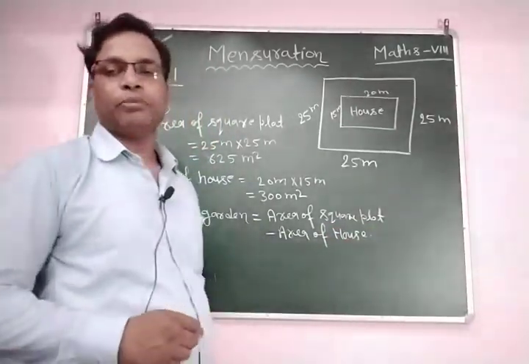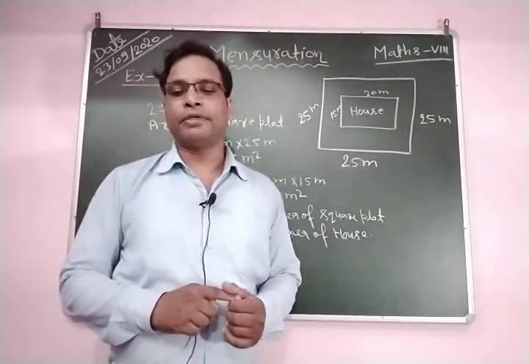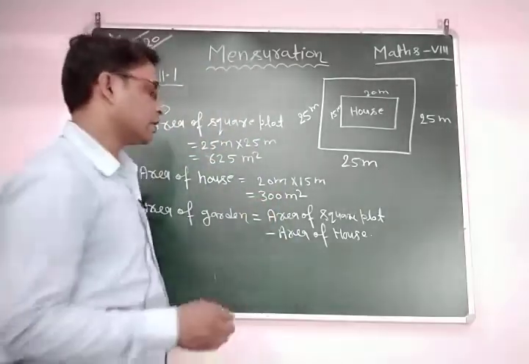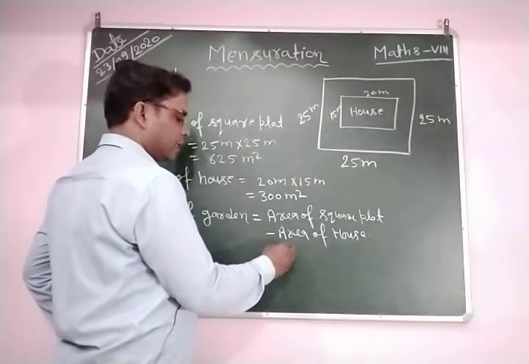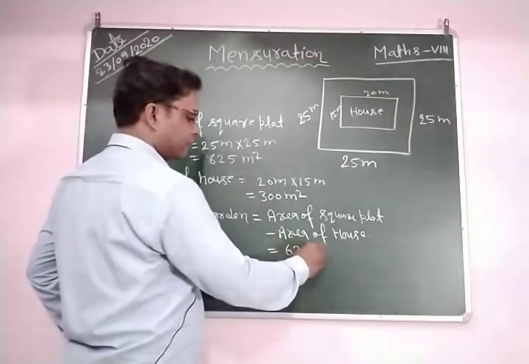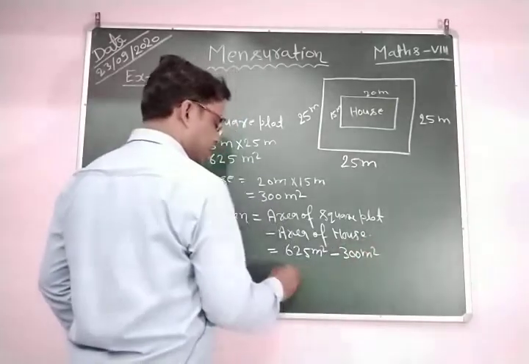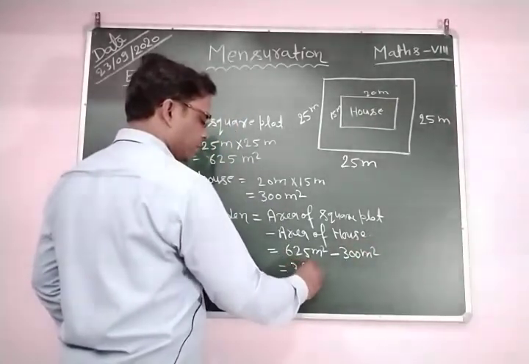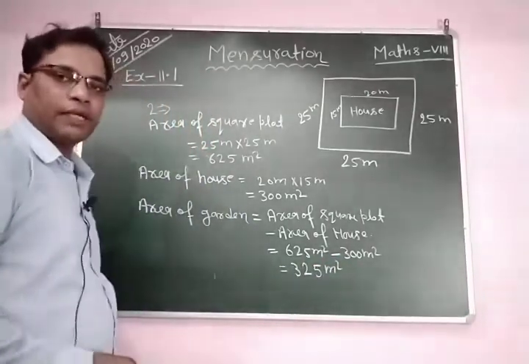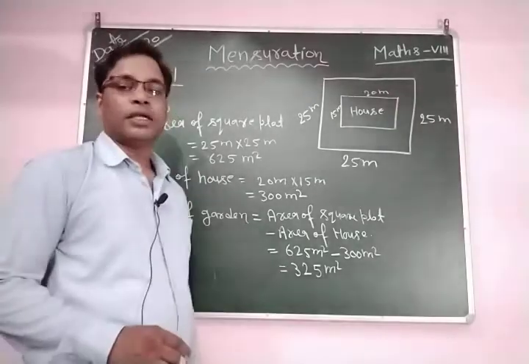The area of the square plot is 625 meter square and the area of the house is 300 meter square. So area of garden is equal to 625 minus 300, which is 325 meter square. Clear?